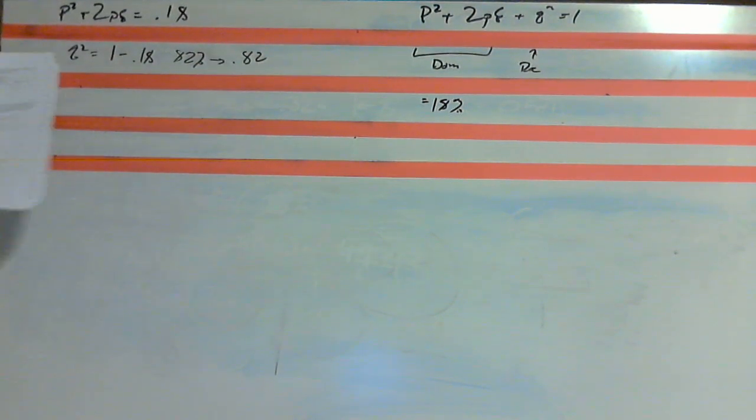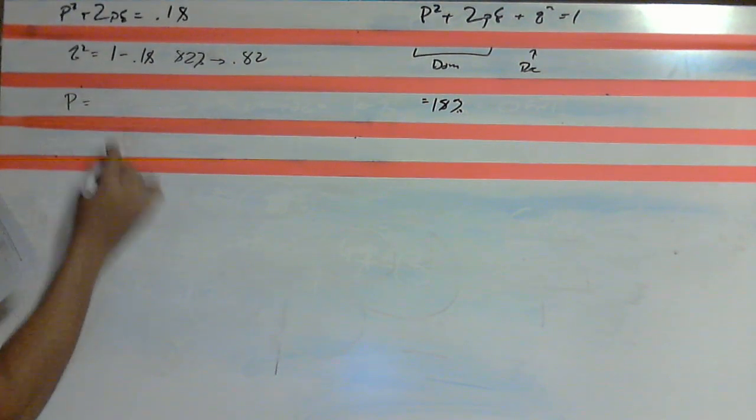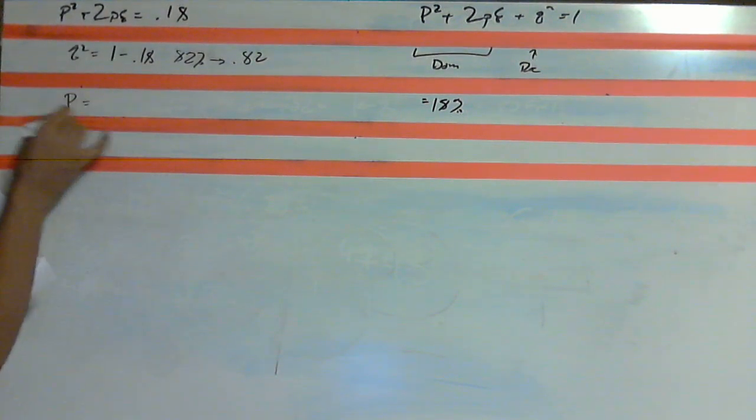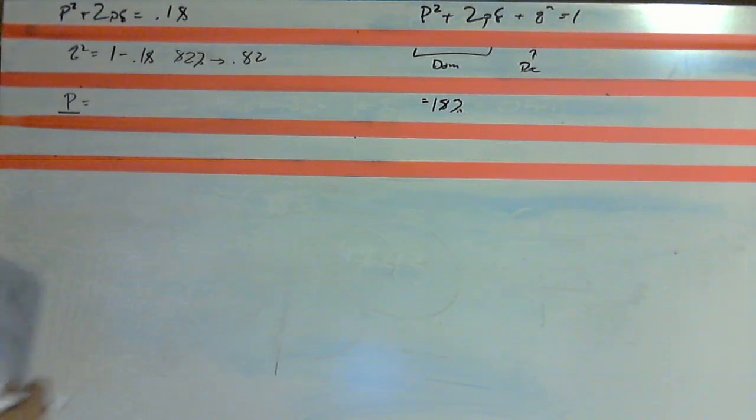So now we have our q squared, we have a recessive, we have our dominant. Now let's go ahead and give them what they want. They want to know the allelic frequency for this disease. They want to know the p for this disease. Since it's autosomal dominant, they want to know just the allelic frequency, they want to know p. Well, we know what p squared is, we know what q squared is.